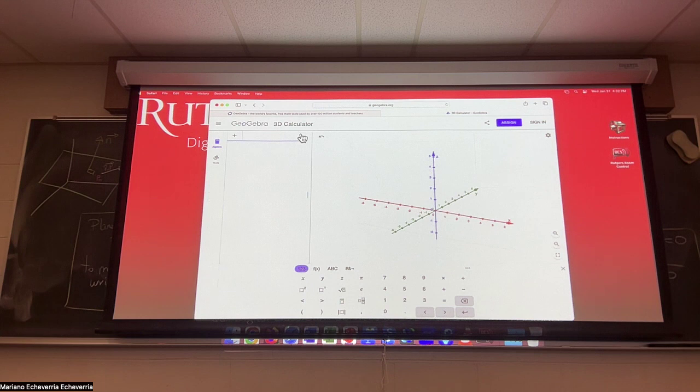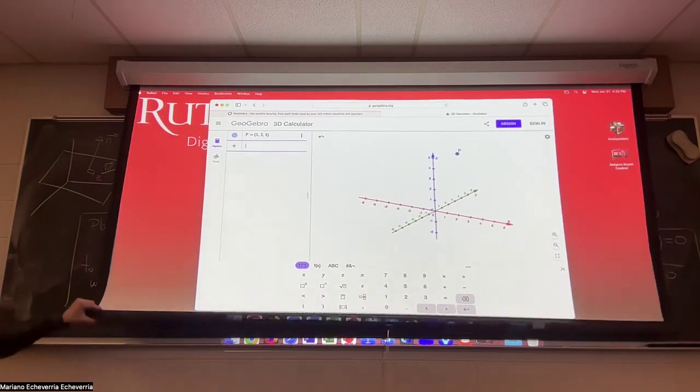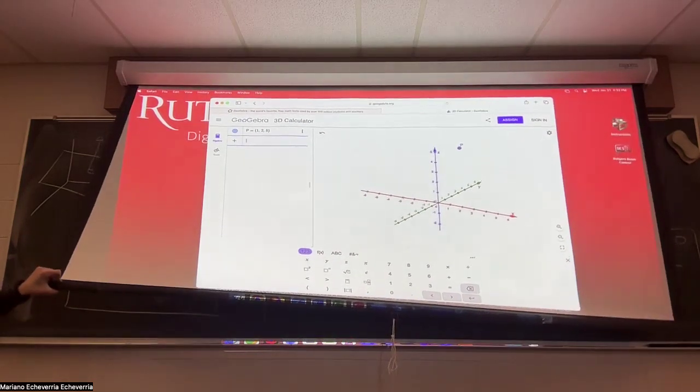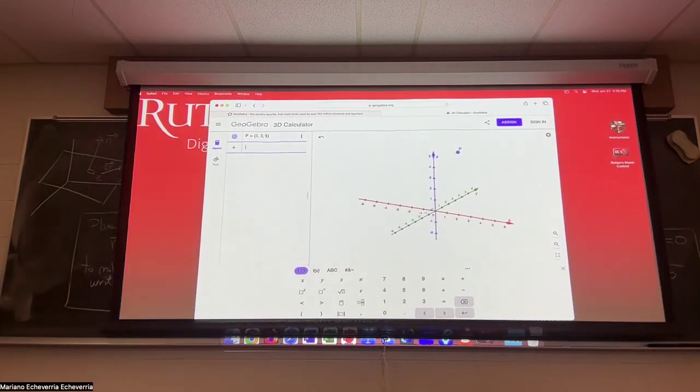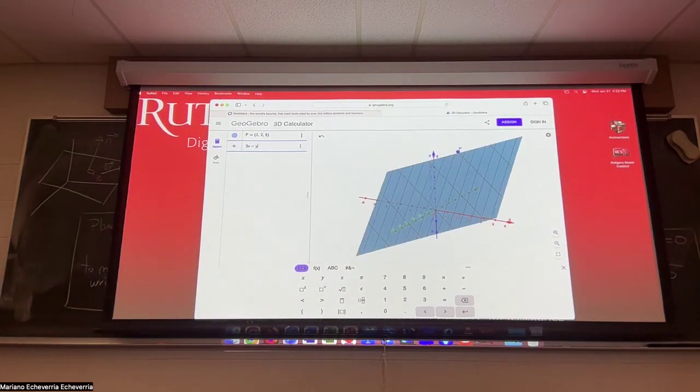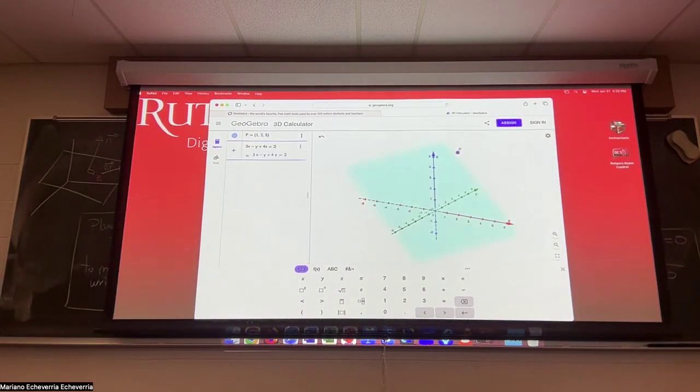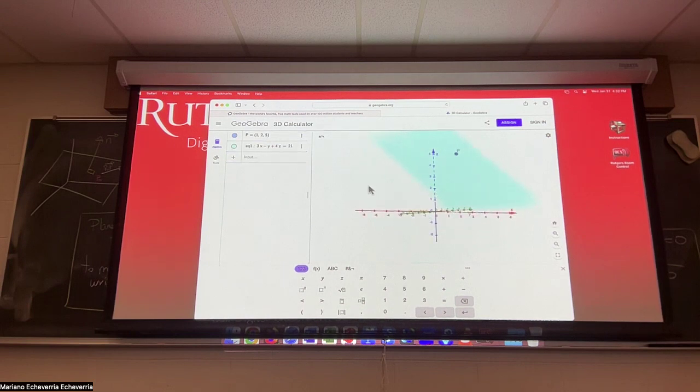I had a point which is 1, 2, 5, and the equation for the plane was 3x minus y plus 4z equals 21. So that is how the plane looks.